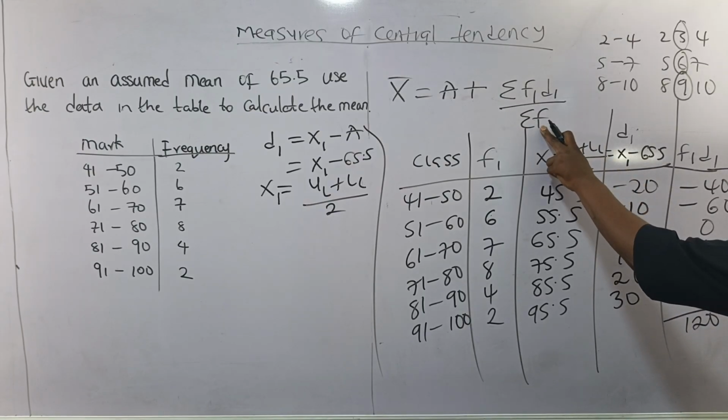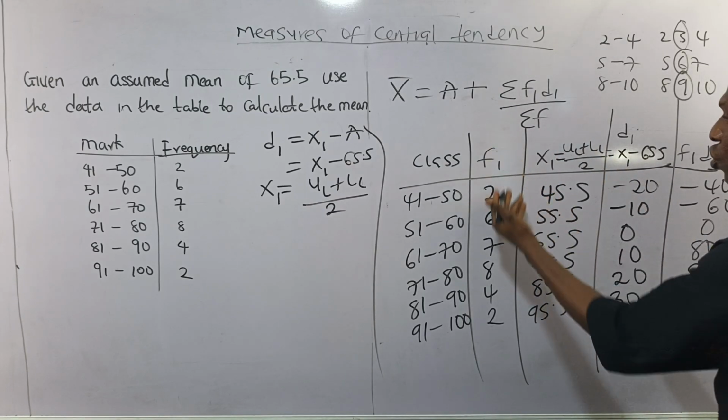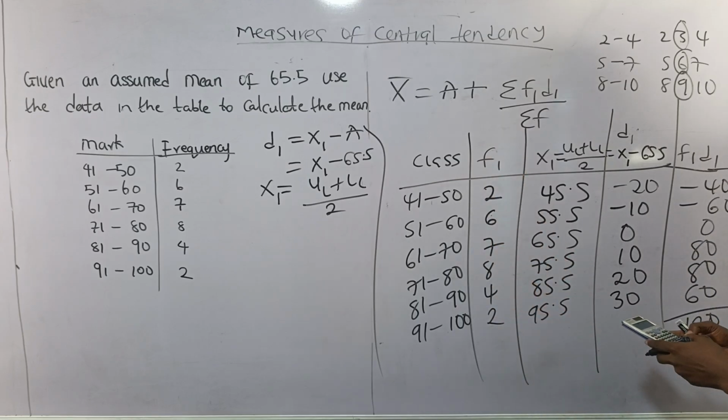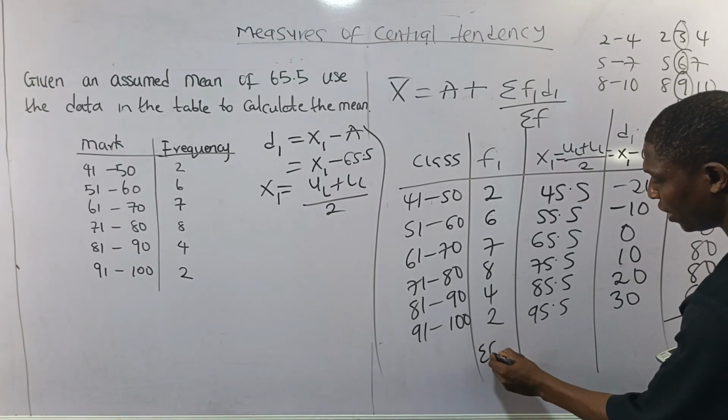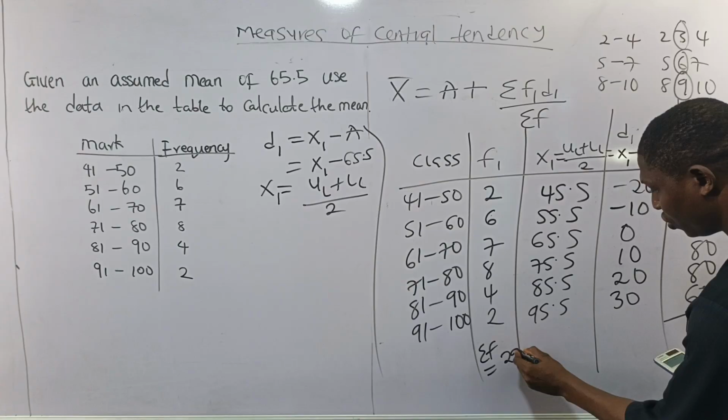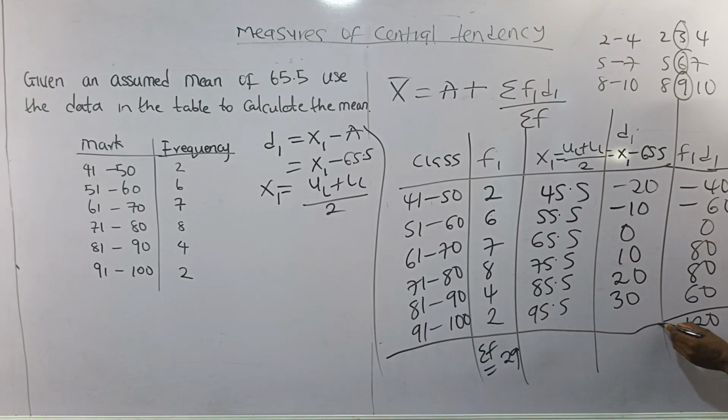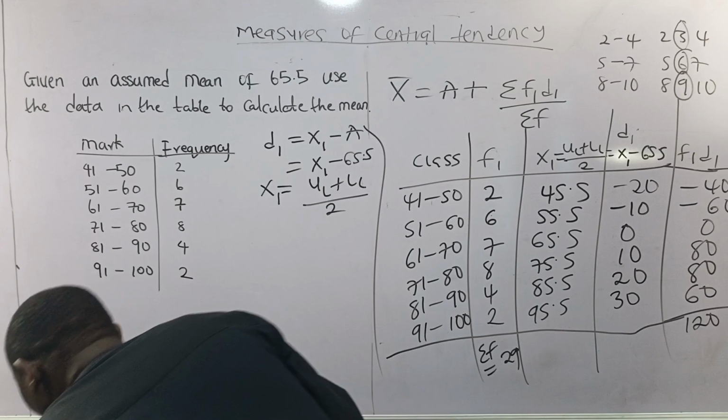And we have summation F at the bottom, so we have to sum the individual frequencies. So I have 2 plus 6 plus 7 plus 8 plus 4 plus 2, which gives summation F equals 29. Now I'll bring in the two pieces of information I've gotten.